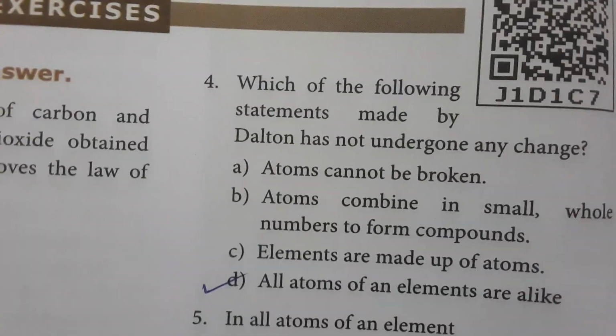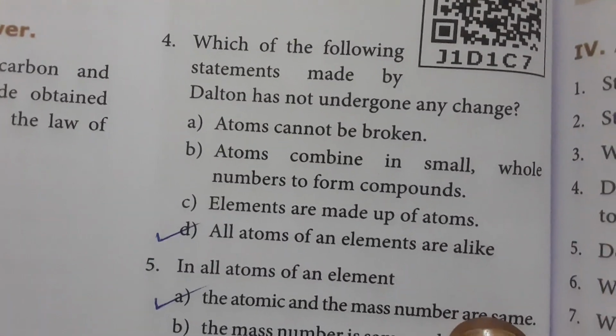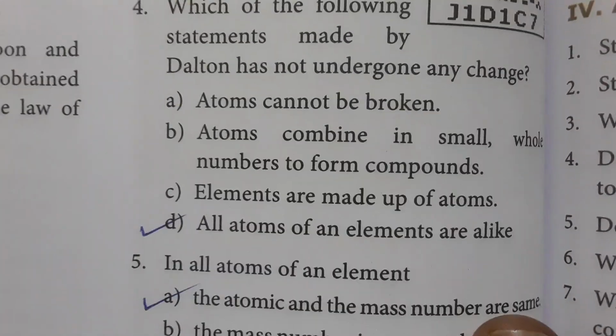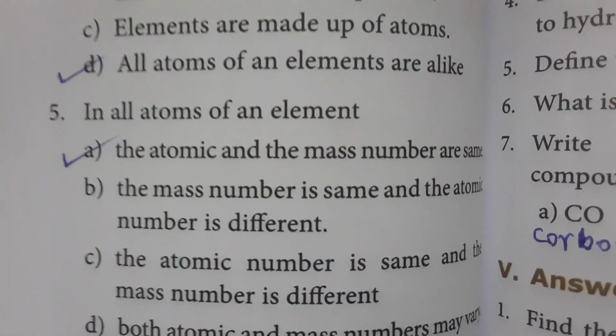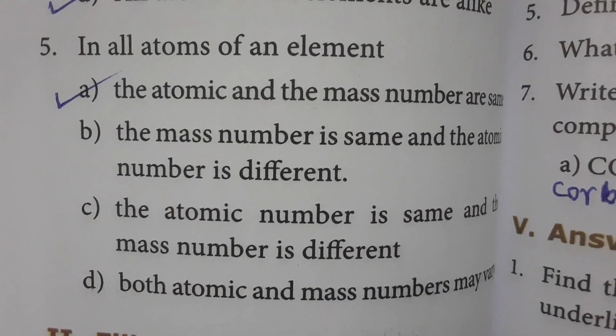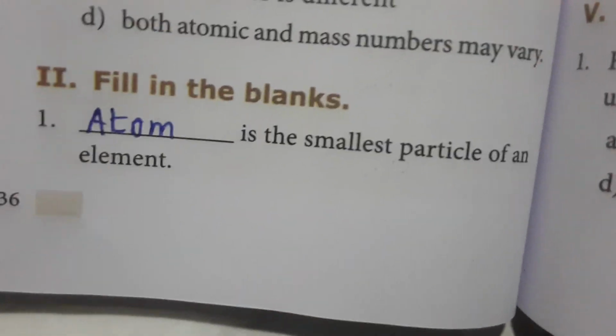Which of the following statements made by Dalton has not undergone any change? All atoms of an element are alike. So this, nobody has changed till now. In all atoms of an element, the atomic and the mass numbers are the same. Atom is the smallest particle of an element.